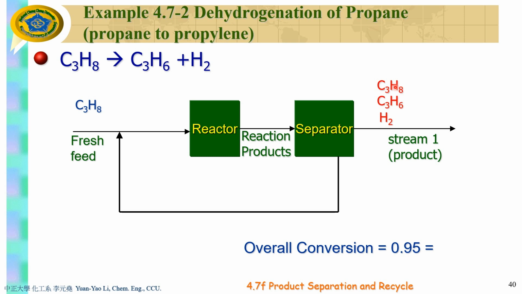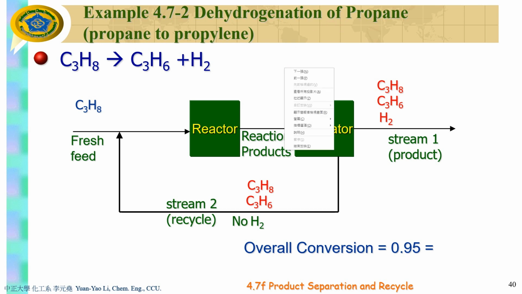Then stream 2, we understand you will have this and no hydrogen. Right? Now let's take a look, that 0.555% is the specification. Let's remember this.